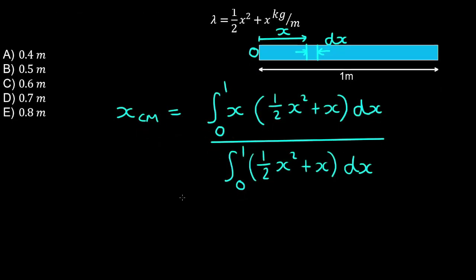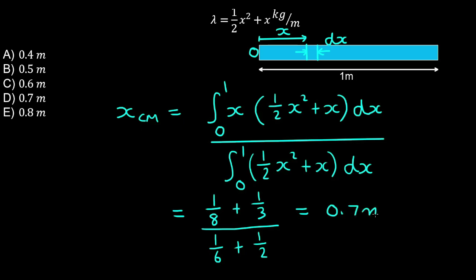So if we evaluate the top integral from x equals 0 to 1, we have x to the 4 on 8, so we get 1/8, plus x cubed on 3, which gives 1/3, and that's divided by x cubed on 6, so we get 1/6, plus x squared on 2, which gives 1/2. So calculating this out gives 0.7 meters, and the correct answer is D.